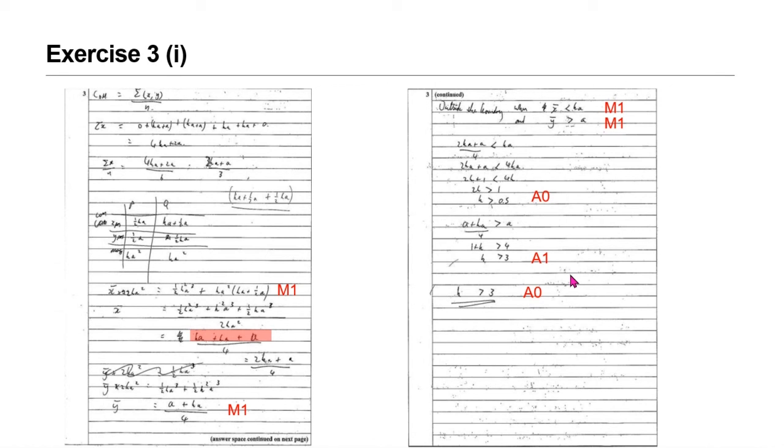They've made a slip in calculating the center of mass of the x coordinate, so they're not going to get that inequality right here, but they do get the method mark right there. They do get that method mark there.